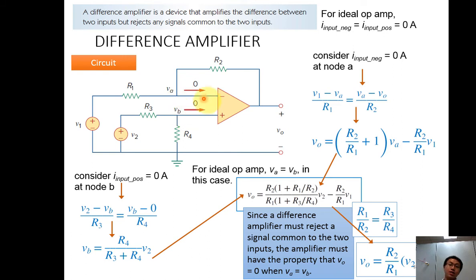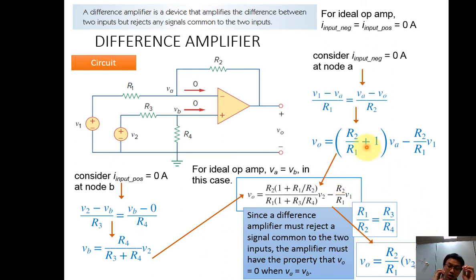In this case, only if R1 divided by R2 is equal to R3 divided by R4, VA and VB will be the same, and at the same time Vout will be 0. So when we have this equation, we substitute it in here, and we have this equation.